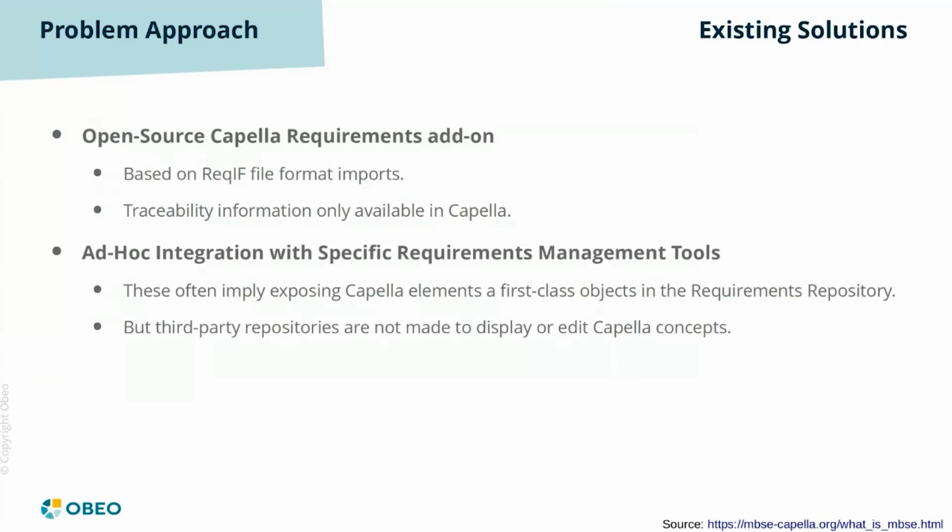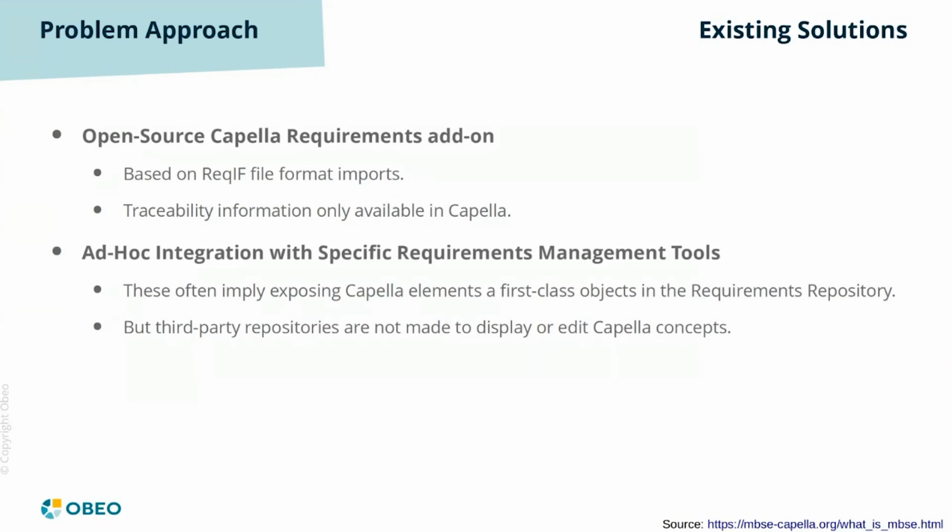And well, one of the drawbacks of this approach, beyond the fact that doing the import-export is a bit cumbersome, is that the traceability information is then only available in Capella and nowhere else. So that's better than nothing, of course, but it's not the grail of what we are trying to achieve.